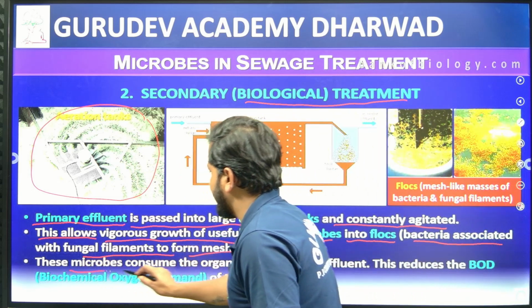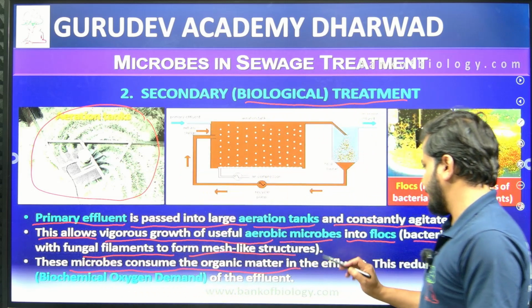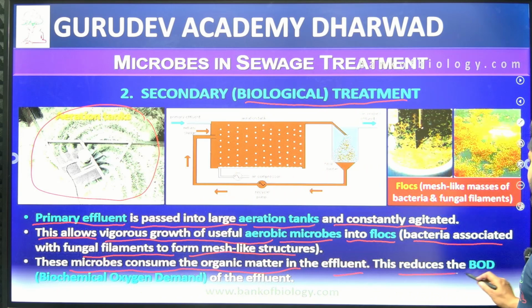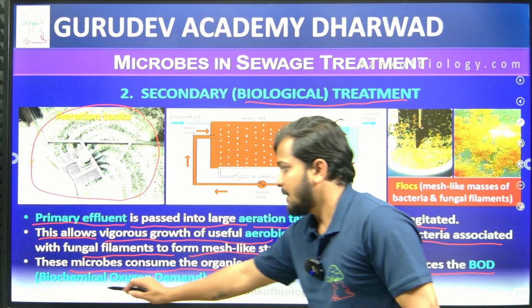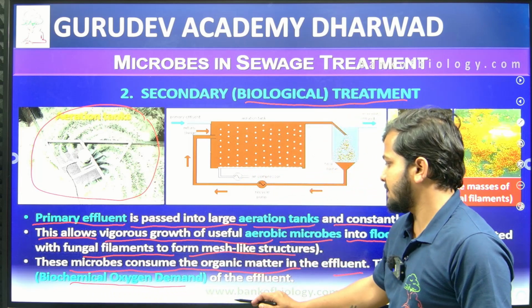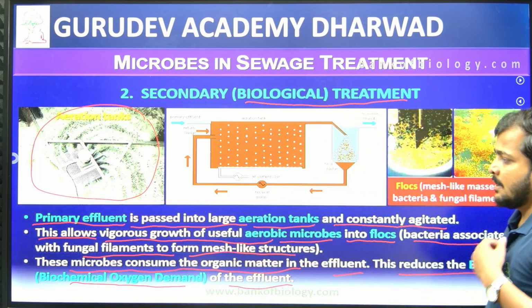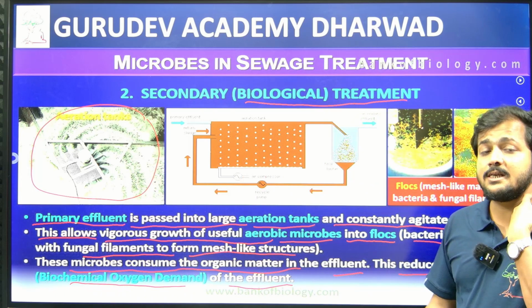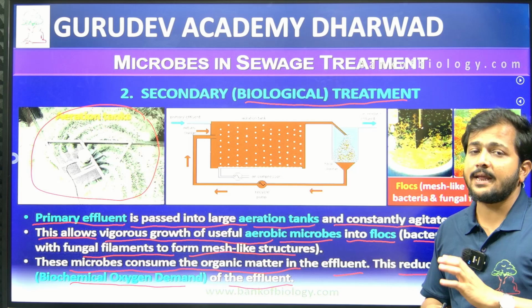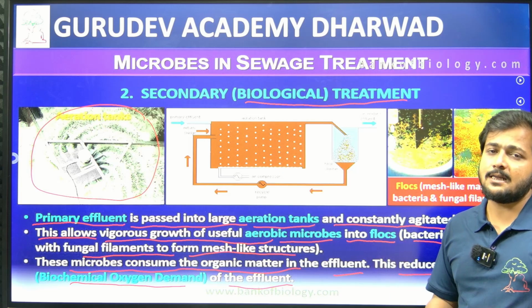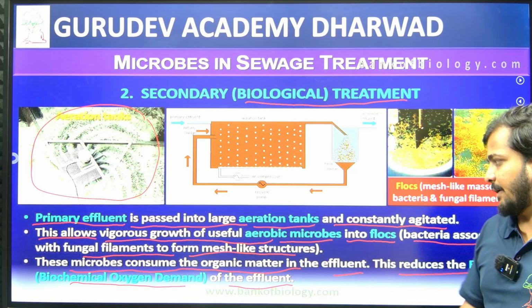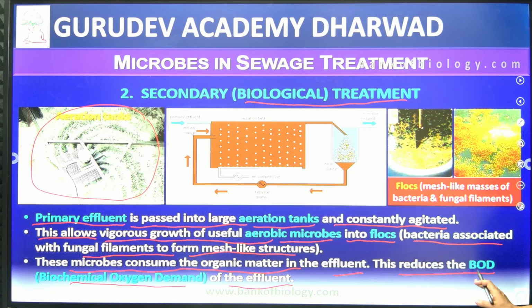Once these microbes consume the organic matter in the effluent, this reduces BOD, that is, the biological oxygen demand of the effluent. These microbes utilize the organic component present in the water and make the water purified, and it reduces BOD.